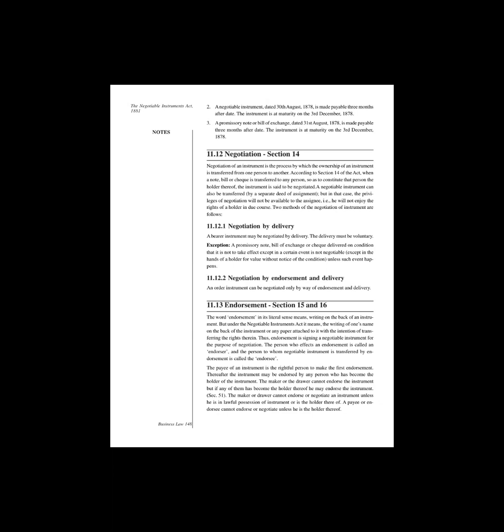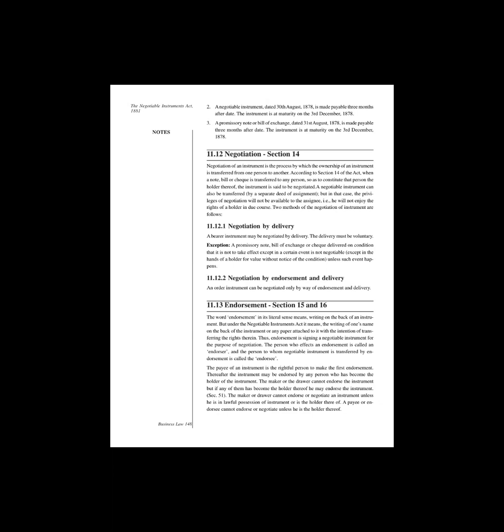The payee of an instrument is the rightful person to make the first endorsement. Thereafter, the instrument may be endorsed by any person who has become the holder of the instrument. The maker or the drawer cannot endorse the instrument, but if any of them has become the holder thereof, he may endorse the instrument.